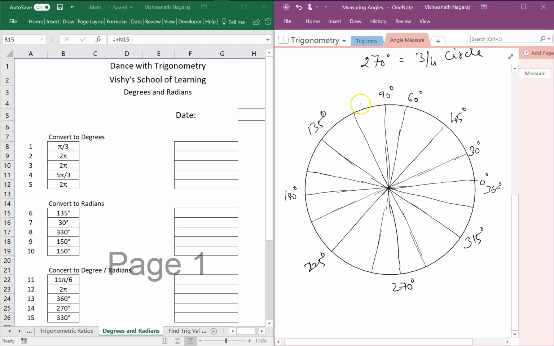After 90 degree plus 30, so 120 degree, plus 15, 135, then again plus 15 is 150 degree, 180 degree. 180 degree plus 30 degree, so 210 degree, 225, plus 15, 240 degree, 240 plus 30, 270, 270 plus 30 is 300 degree, plus 15 is 315 degree, 315 plus 15 is 330 degree.